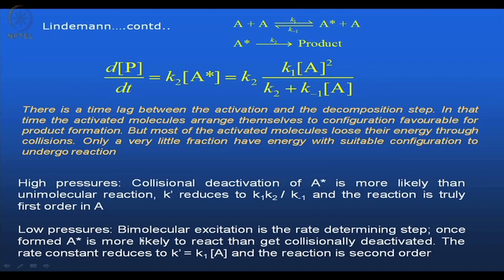Now, for low pressure, what is happening? Low pressure means this gas is rarefied, meaning these molecules are put apart from one another. That means collisional probability becomes less. So, if there is a collision, that collision could be termed the effective collision for the reaction to take place. Once this collision happens under low pressure, this molecule gets time to move around, because it is not having any further collision to get deactivated.